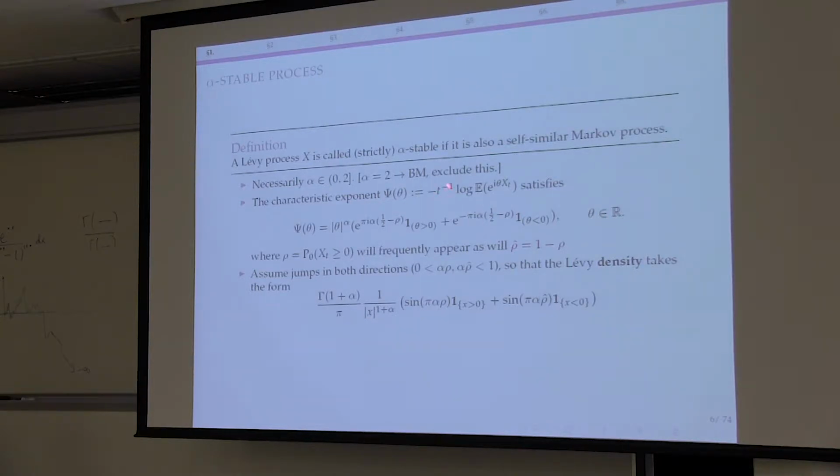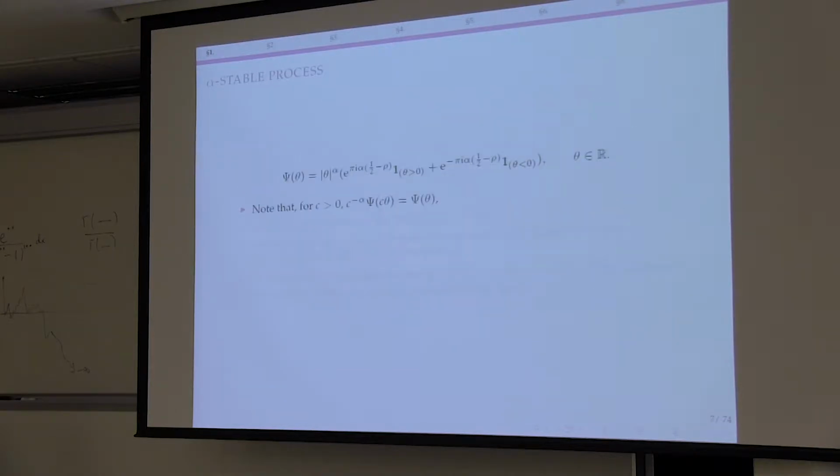Scaling in time is equivalent to changing t by c to the minus alpha t, which is equivalent to multiplying psi by c to the minus alpha psi. So the space-time transformation is this, and if you perform this at the level of the exponent, you come back to where you started.